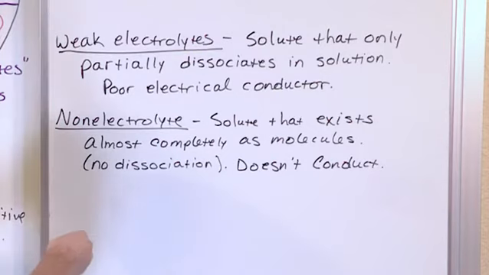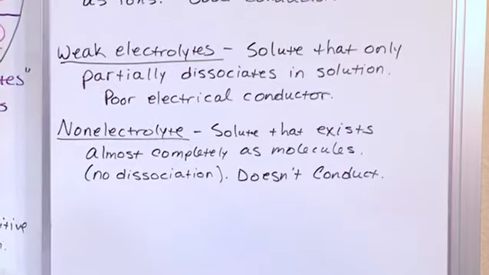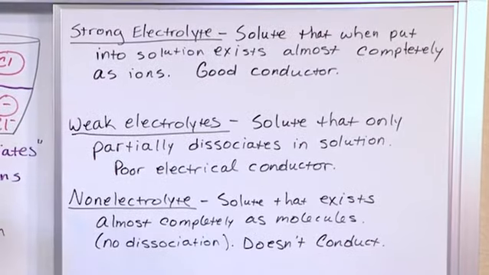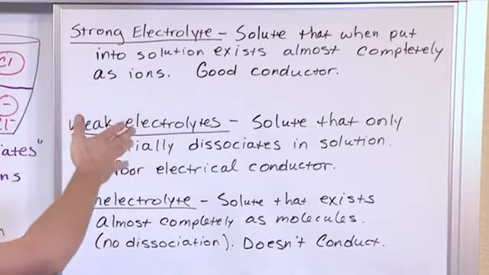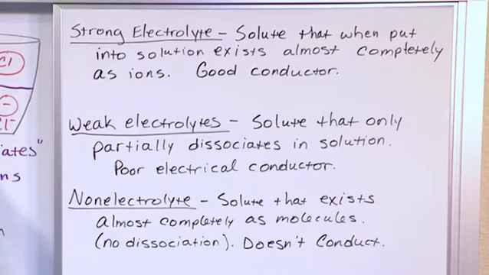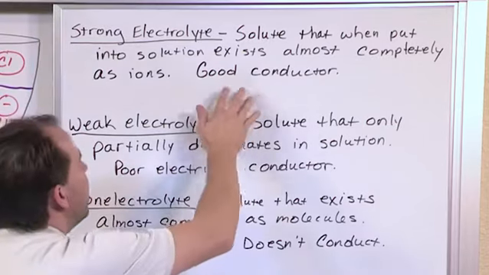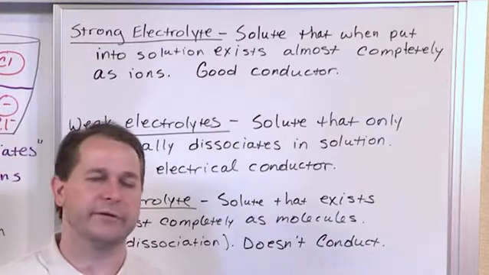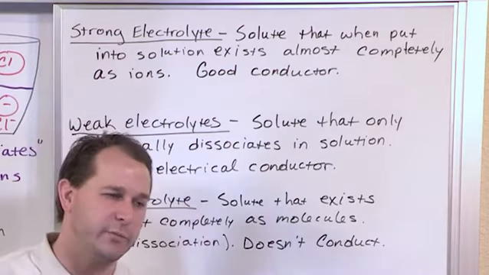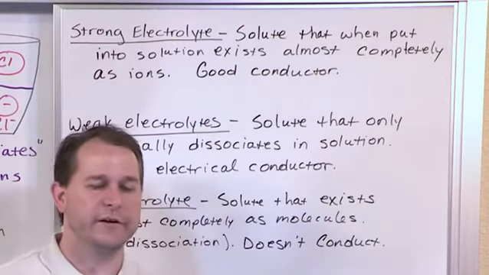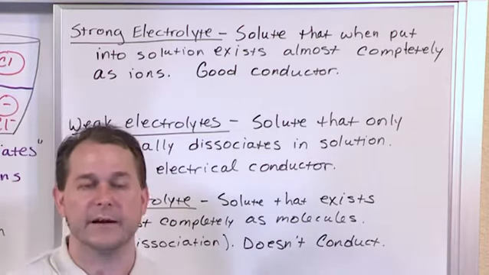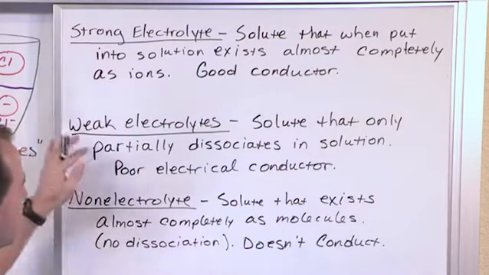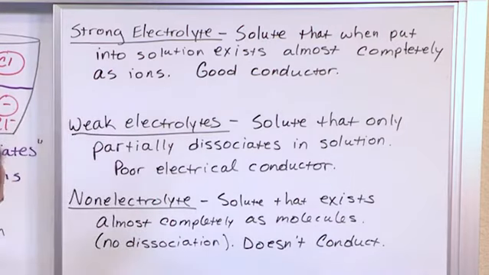So you have the three classes, and I could have just told you verbally, but they're pretty important because you're going to probably be tested on at least some of these ideas. So you have the strong electrolytes that dissolve in solution. Not only do they dissolve, they break apart, they dissociate into these ions, so they're great conductors. And then you have a weak electrolyte that sort of dissolves, but maybe only a certain fraction of it dissolves, and then when they dissolve, it goes into breaking down into the ions, dissociation, but not all of the stuff does, so it doesn't conduct electricity that great.